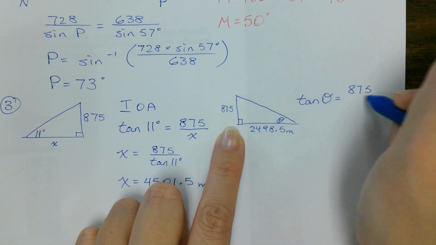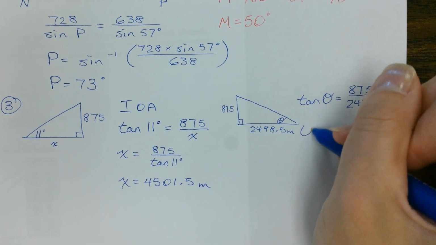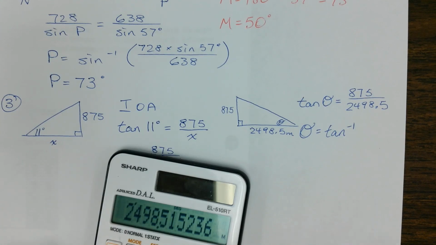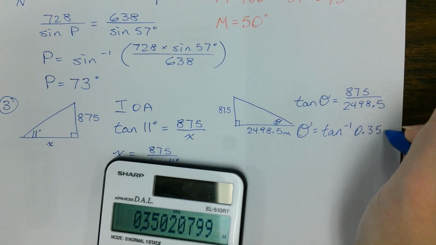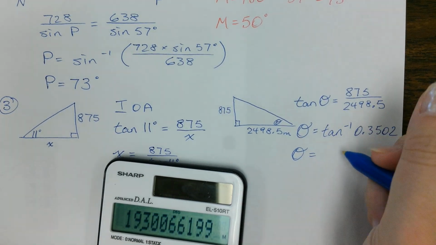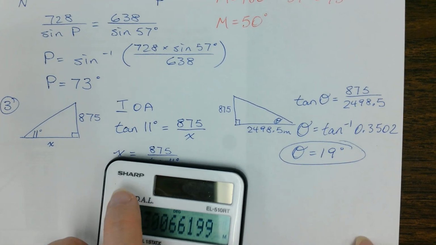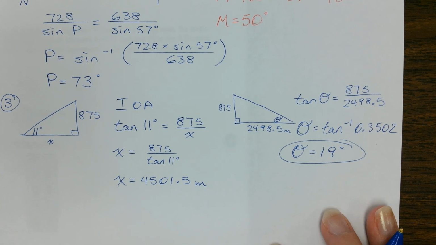So 875 over 2,498.5. So theta equals tan inverse of 875 divided by that, 0.3502. So theta equals 19 degrees. Okay, so therefore the angle of depression to the east is 19 degrees.